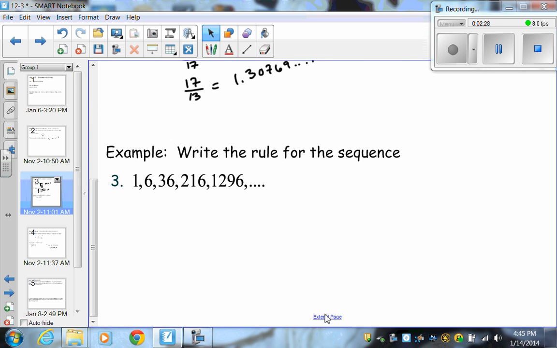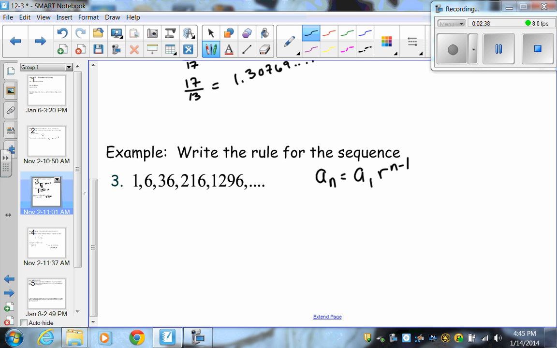Example 3 asks us to write the rule for the sequence. So the formula is a sub n equals a sub 1 times r to the n minus 1. The first thing we need to know is what a sub 1 is. a sub 1 is our first term, so a sub 1 equals 1.